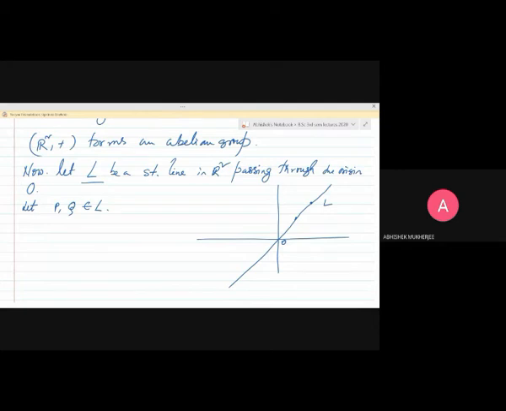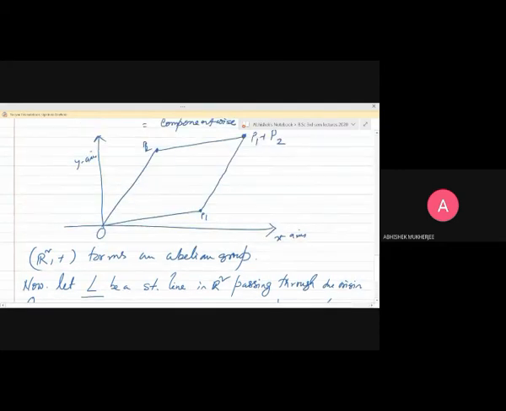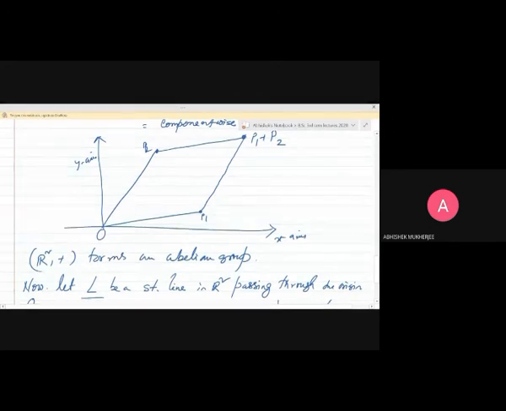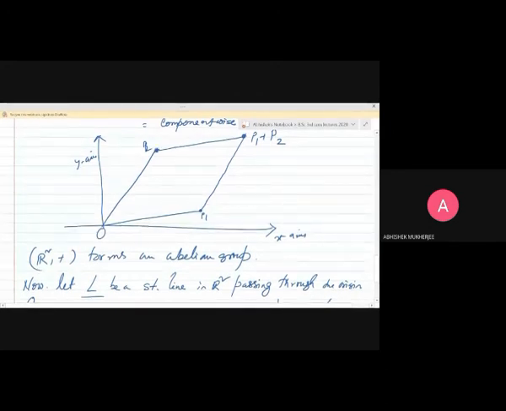Pictorially speaking, if you see this picture, if P1 and P2 are both on the same line, then so is P1 plus P2, right? Because in that case the area of the parallelogram will be 0.